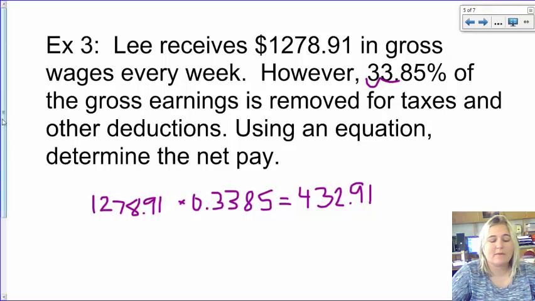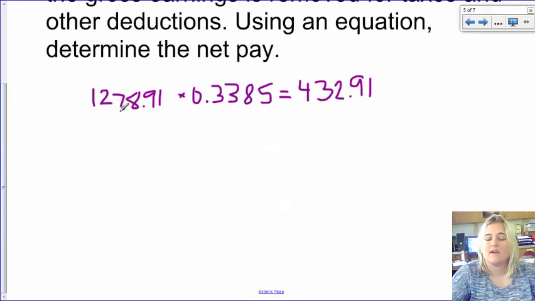And to find his net pay, I now need to take his gross pay and subtract the deduction to find his net pay.